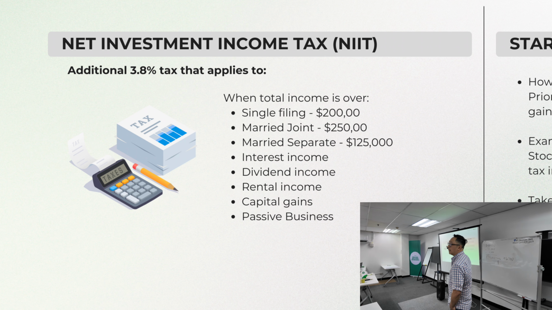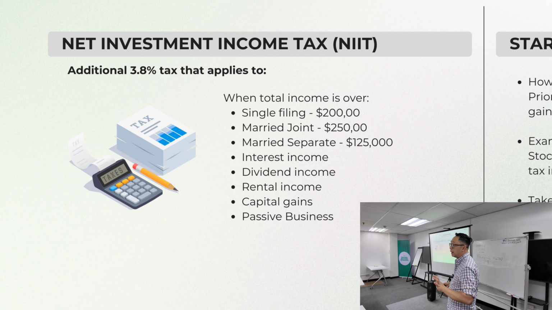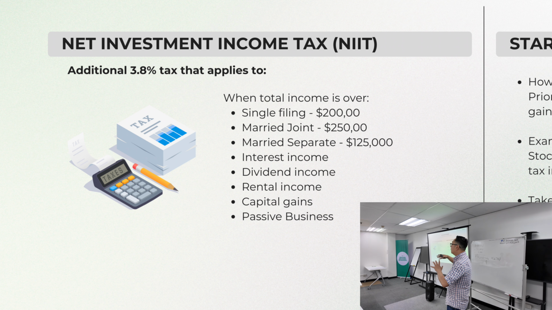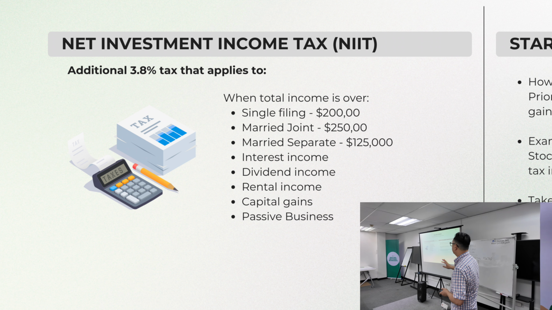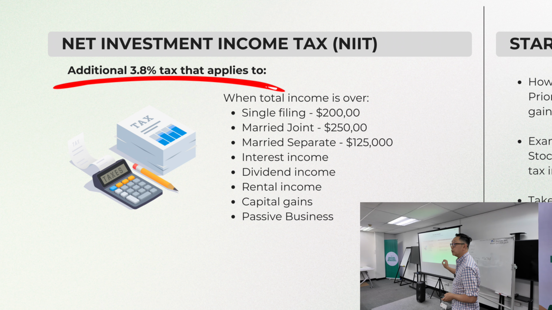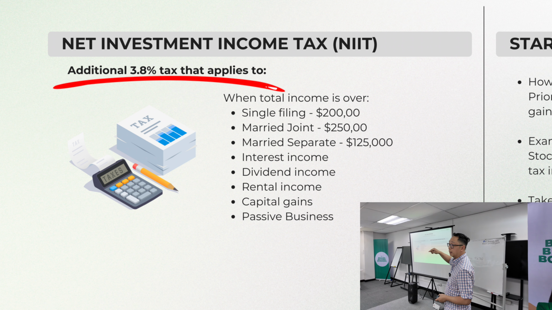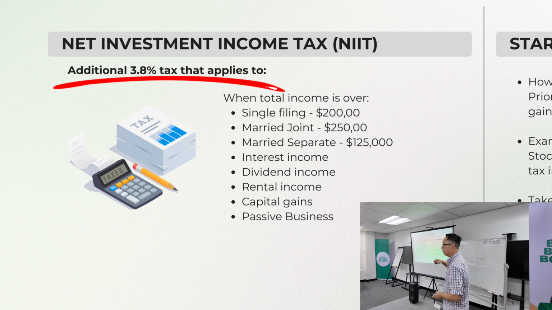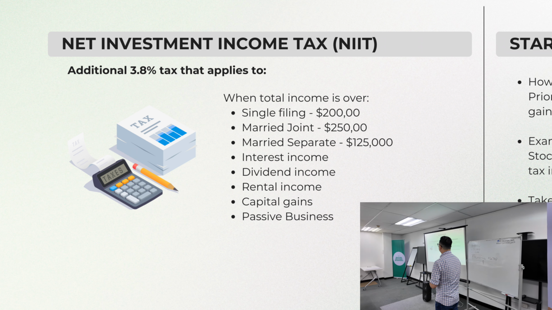But if the wife starts working and has high income, and their income is over $250,000, they're going to have to pay an extra 3.8% Medicare tax on top of the regular capital gains tax. It doesn't matter if it's short-term or long-term, it's always going to be an extra 3.8% Medicare tax.